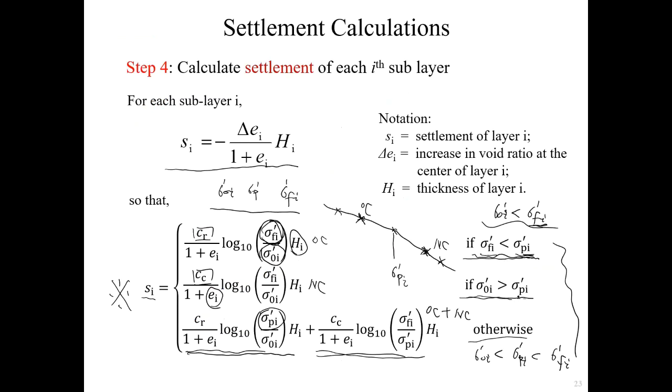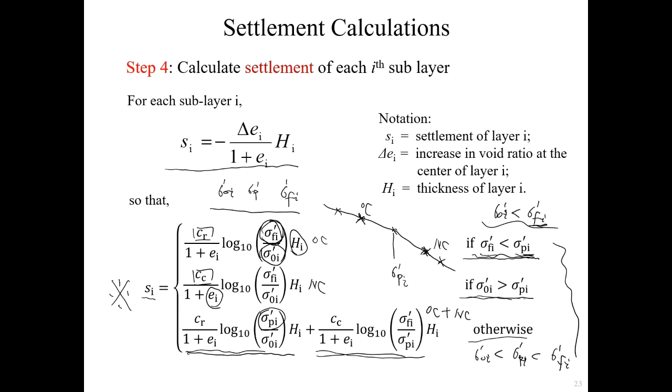If both are greater than sigma P prime, use the NC formula. Otherwise, if one is less than the pre-consolidation pressure and the final is greater than the pre-consolidation pressure, then use this one.